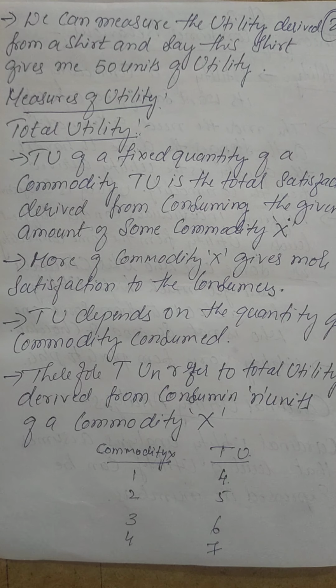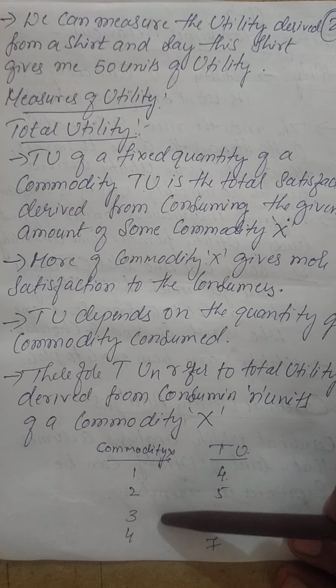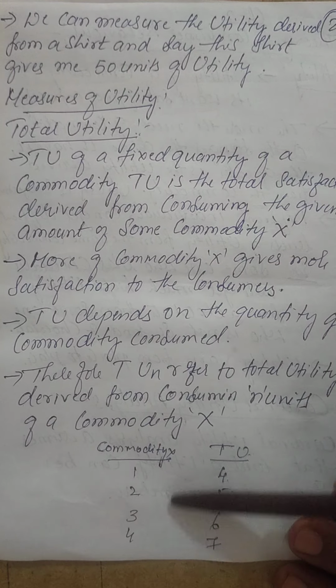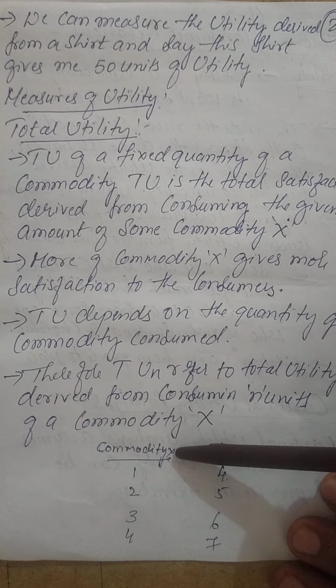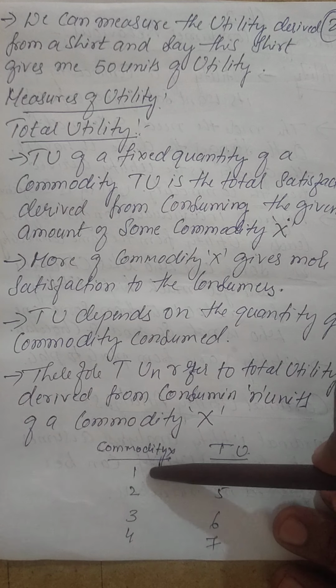This is how he is going to get satisfied with so many units of the commodity. The more you consume, the product might be anything like banana, mango, anything, these are the products or commodities.